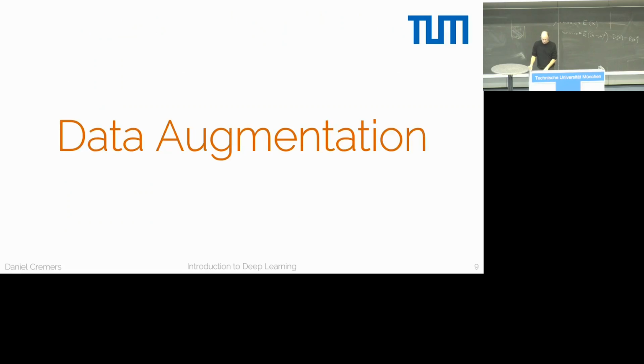Now we're going to talk about data augmentation. This is a very important aspect for training neural networks. The aspect is very simple. We saw that you don't want to overfit, and still you want to learn something reasonable. You want this to generalize well to unseen data, and you want to avoid overfitting.